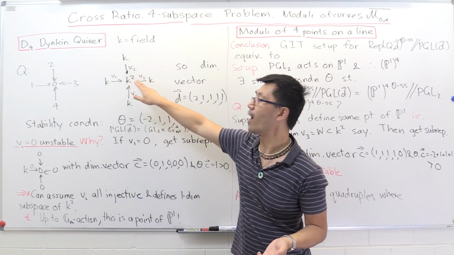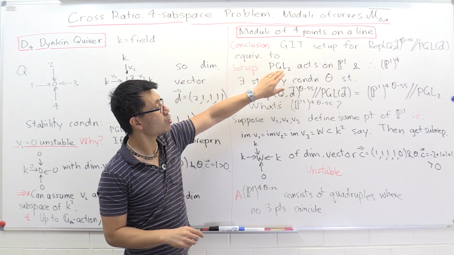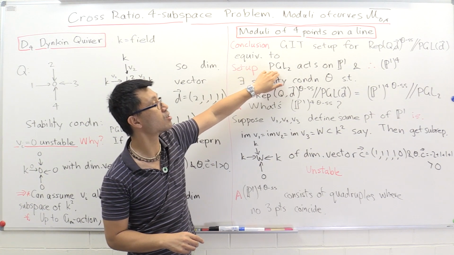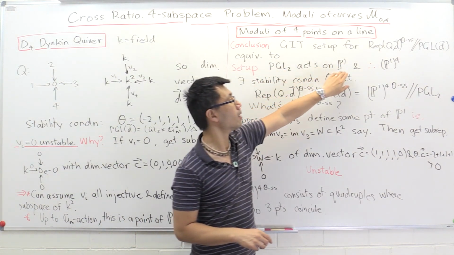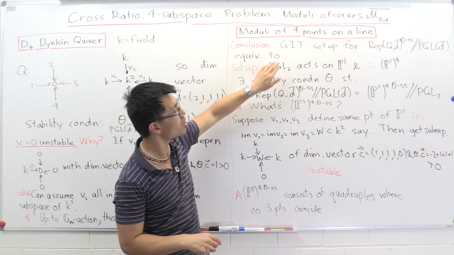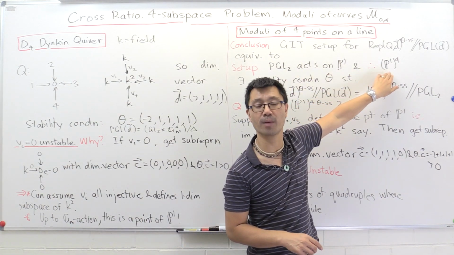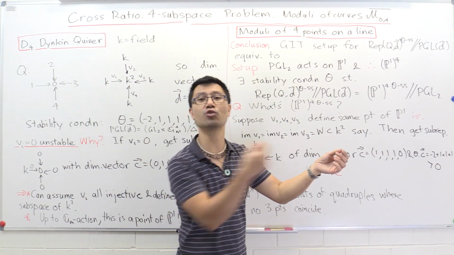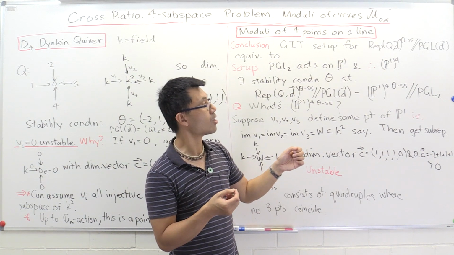So on P^1, your GL2 action actually passes to a PGL2 action, because scalars won't change points on P^1. If you scale homogeneous coordinates, you'll get the same point inside P^1. So PGL2 acts on P^1, and so you can let it act on 4 copies of P^1. 4 copies of P^1 just gives you basically a 4-tuple of points in P^1. Okay, so that's how you should think of it.